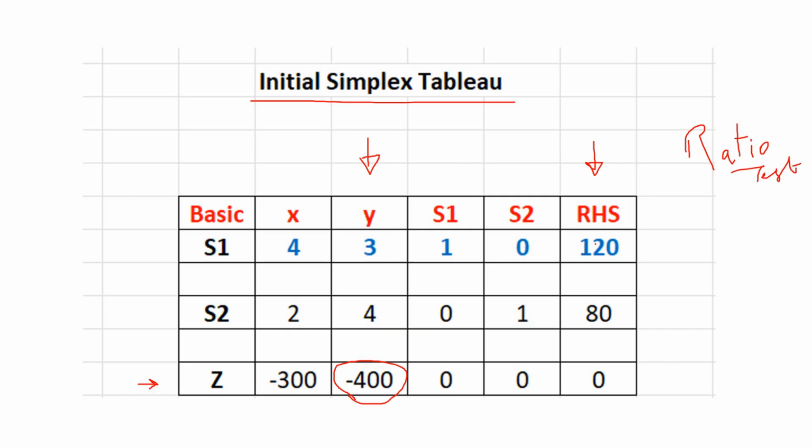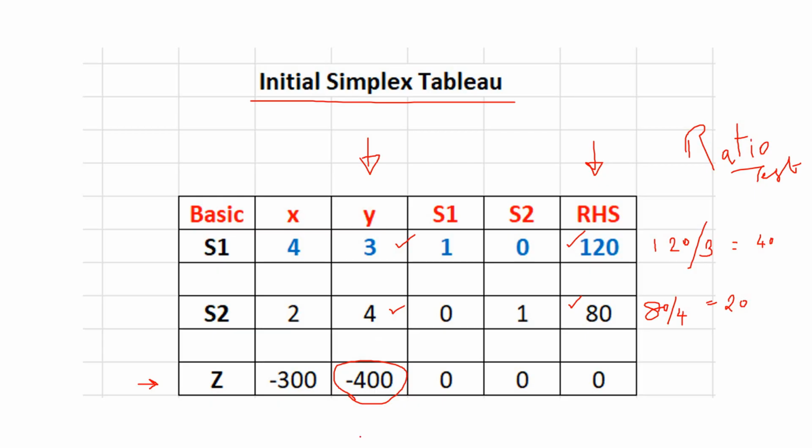So ratio test, you divide this value 120 by this element 3. So this and this are connected. Similarly, you divide this 80 by 4. Now this is equal to 40 and this is equal to 20.